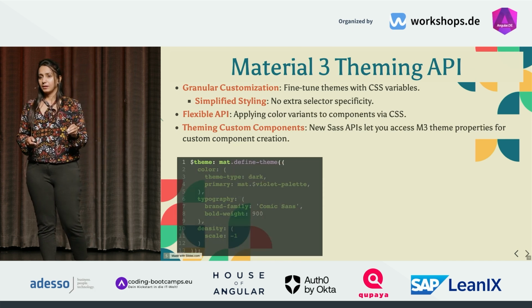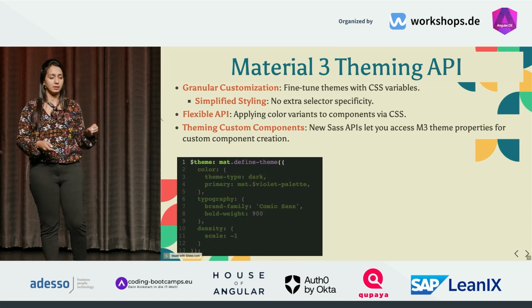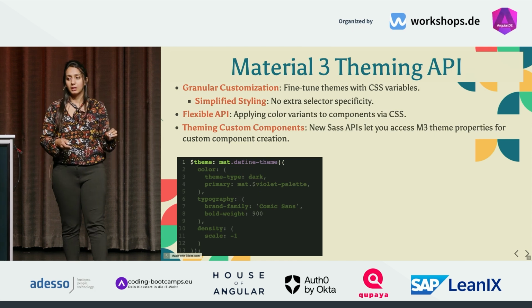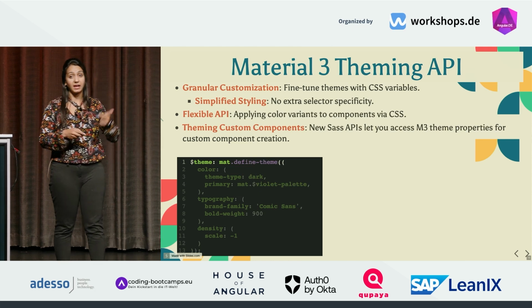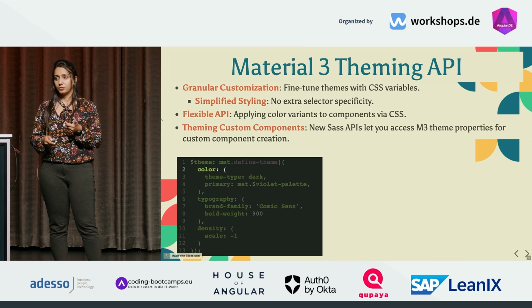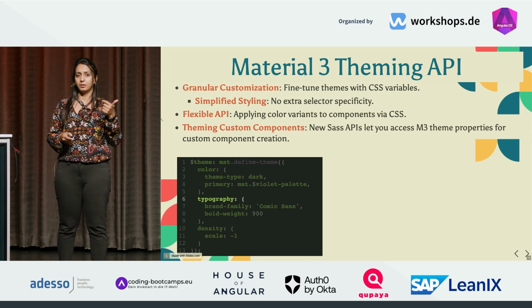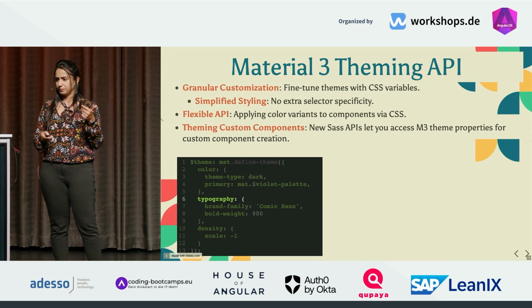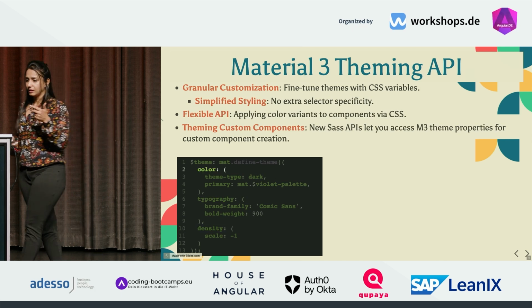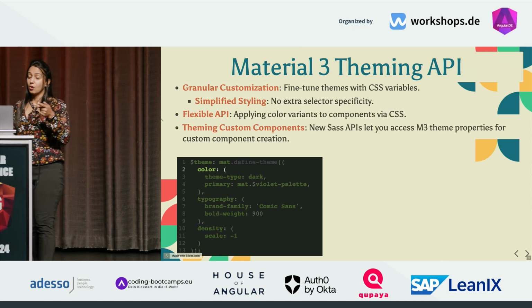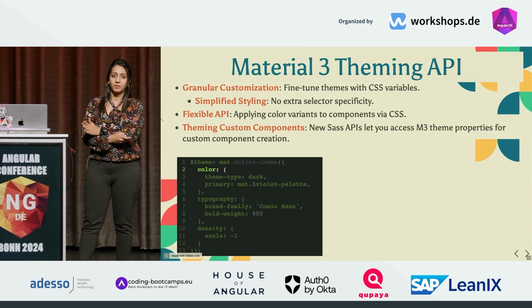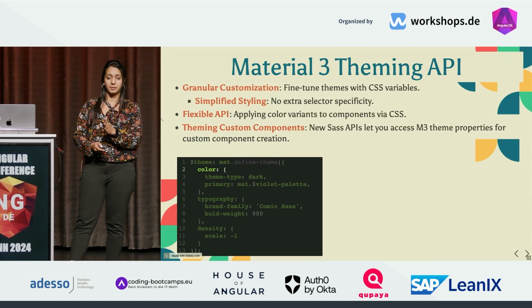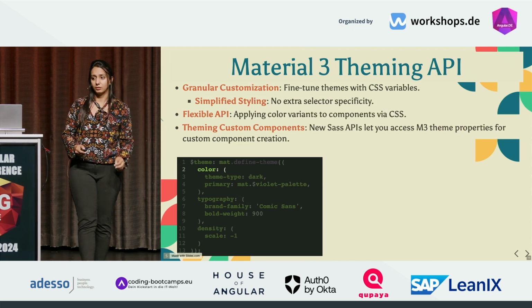And the new Sass API to create a theme is also so easy. You can manually just define a theme. You can mention the color, the theme type, and you can also just provide a primary color for the app. You don't even have to provide all the other variants, but you can choose to.